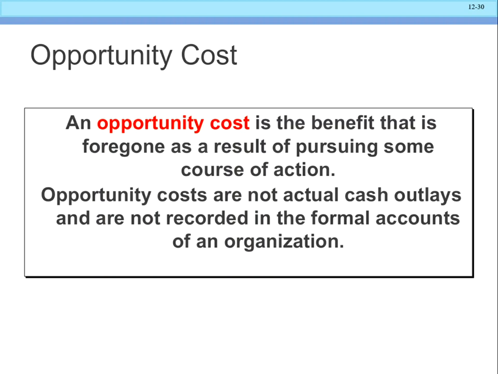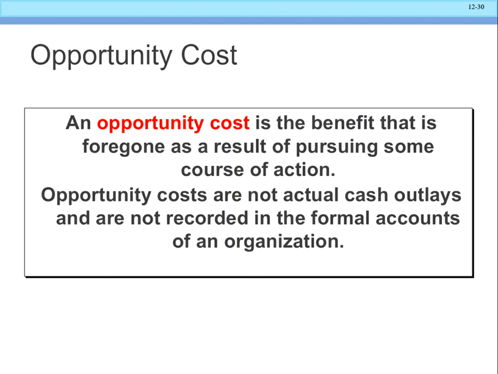We can give an example. When you decided to sit for this course, there was also another thing you could have done with the same time. Perhaps you could have watched a movie. Because we have those two alternatives, doing one of them has an opportunity cost.